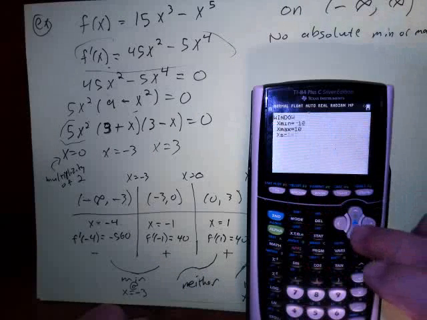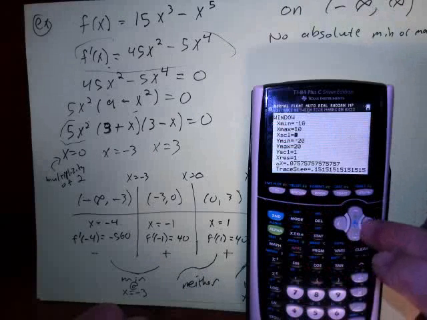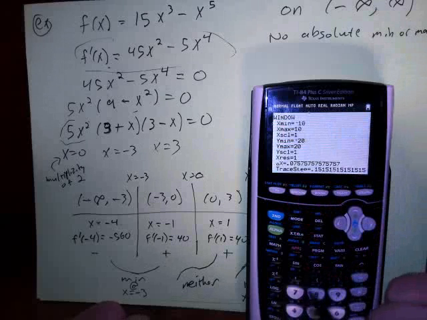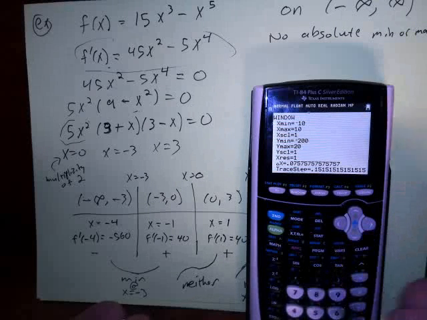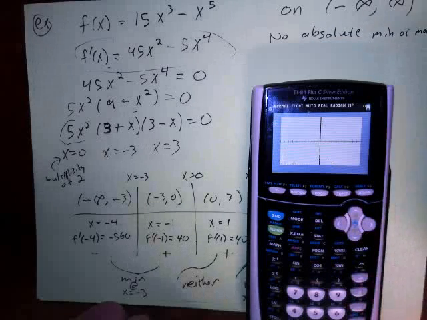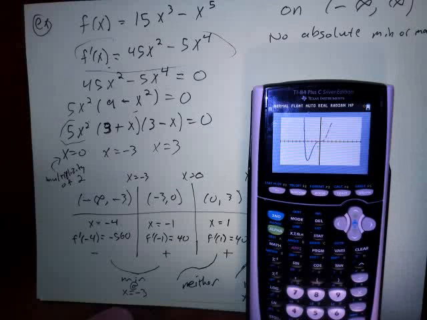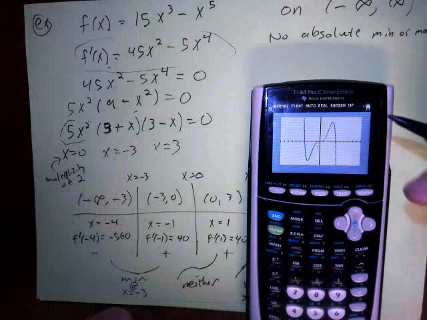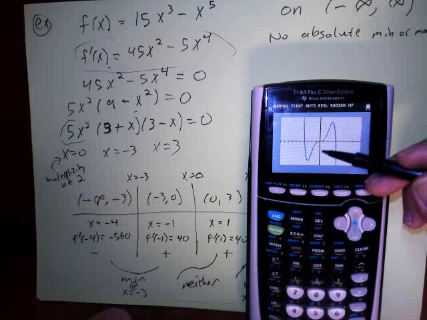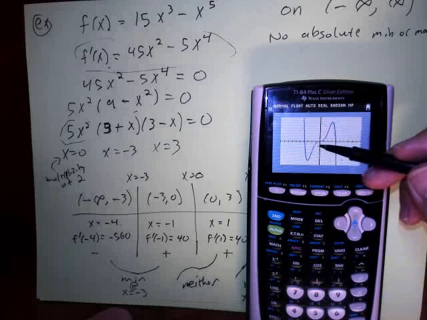So this is where I had the y min at negative 200 and y max at positive 200 in order to see the behavior of the function. There you go. And then you can see there's the min, there's the max, and then at 0, it's neither.